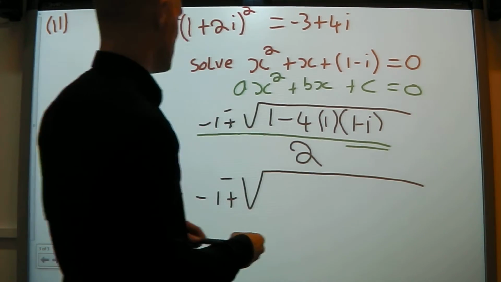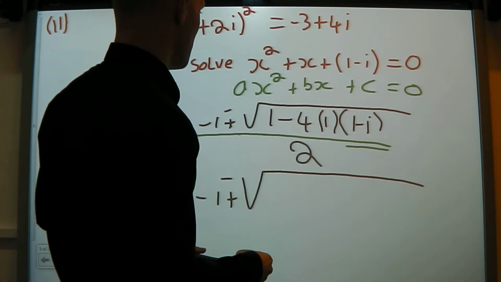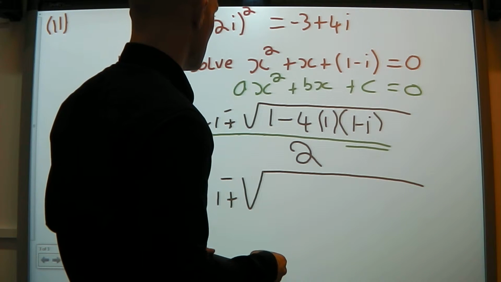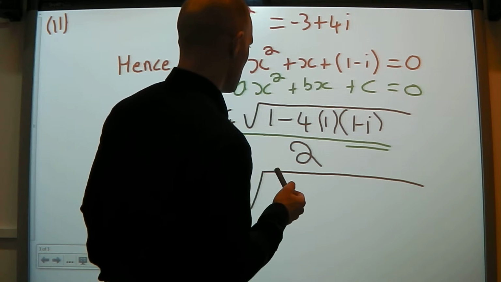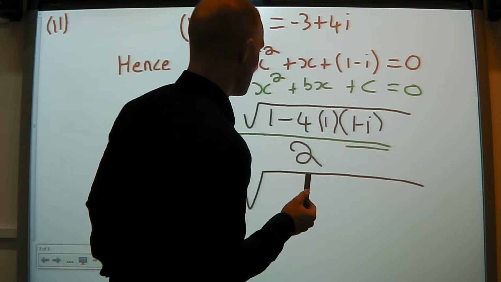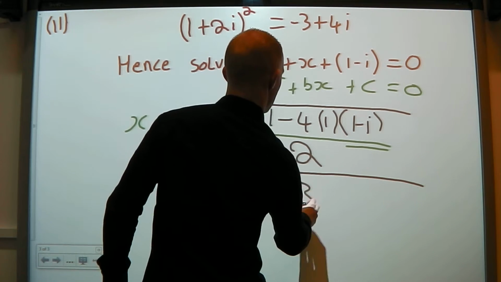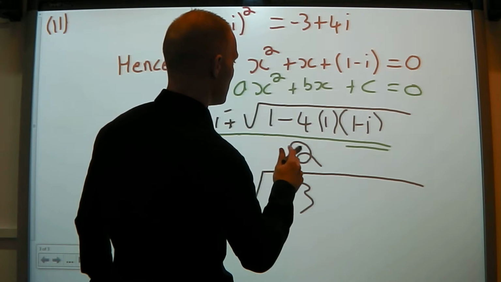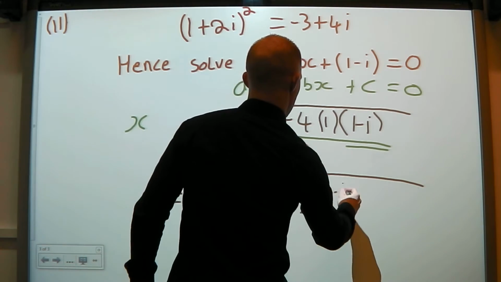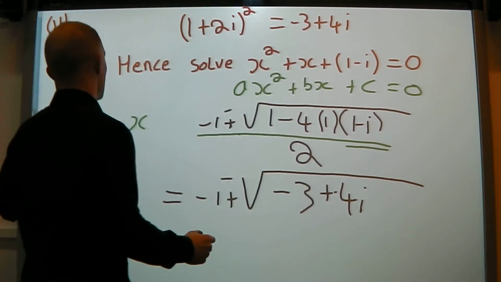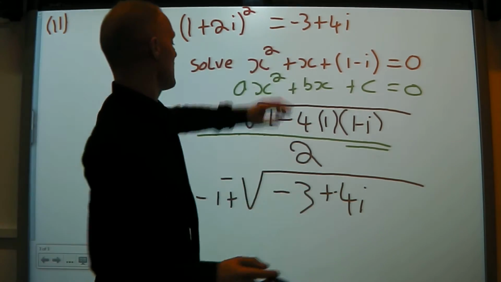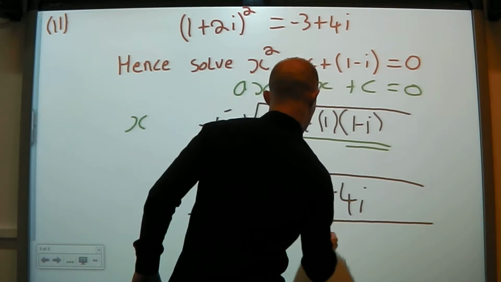So that is 1 minus 4, which is negative 3, and then we have negative 4 times negative i, which is plus 4i. Yeah, that's the same as we had at the start, and then that's all over 2.